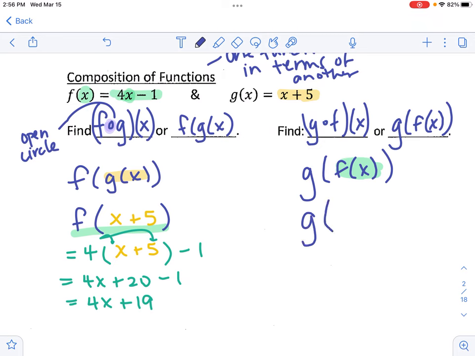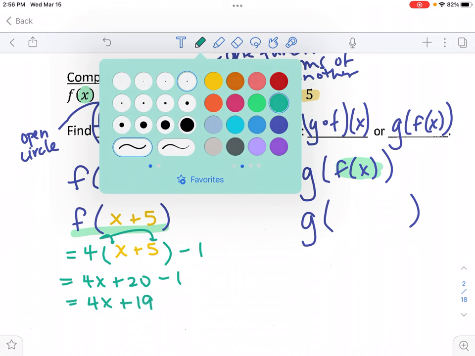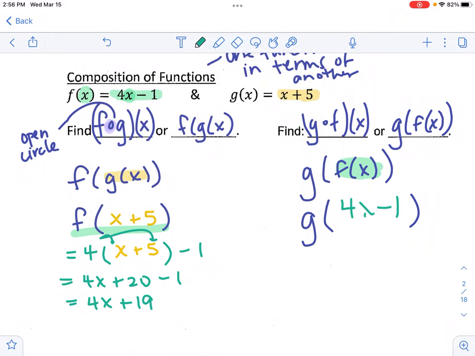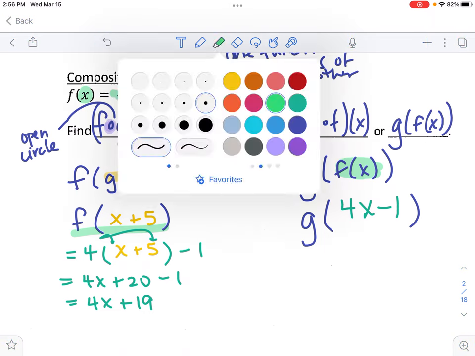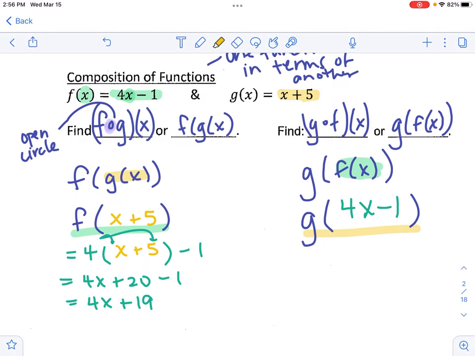So instead of writing down f of x, I'm going to write down 4x minus 1. Now I'm looking at function g, and I know that ties back to g of x equals x plus 5. But instead of writing down x, I'm going to write down 4x minus 1.